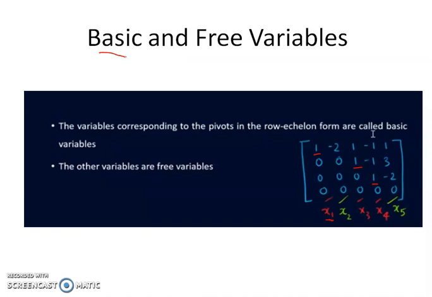Variables corresponding to the pivots in the row echelon form are called basic variables. Other variables that don't have a pivot are termed free variables, and their columns are called non-pivot or non-basic columns. If a column has a pivot, that variable is a basic variable, and the column is called a pivot column or basic column.